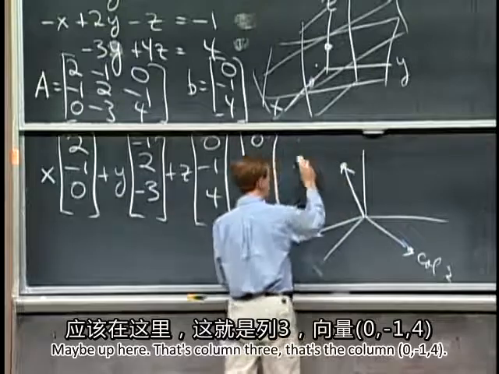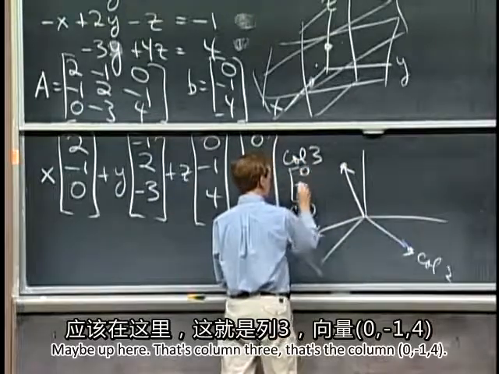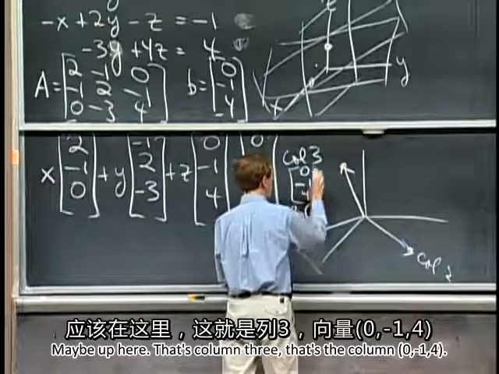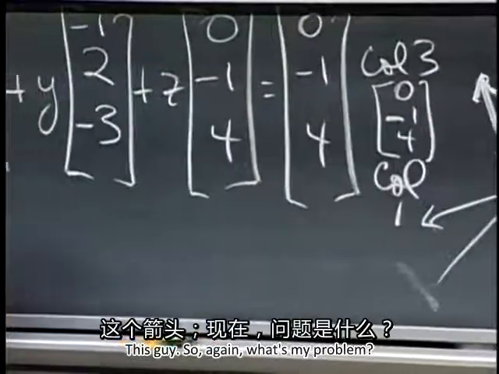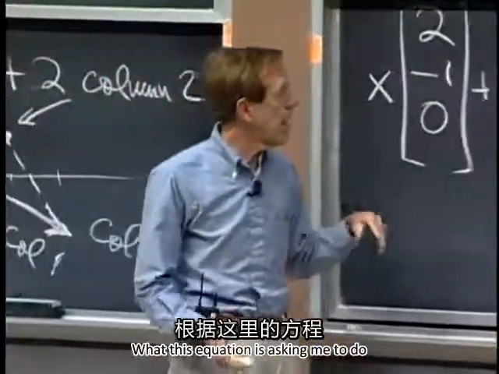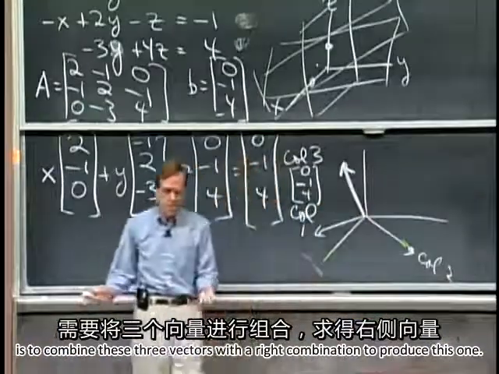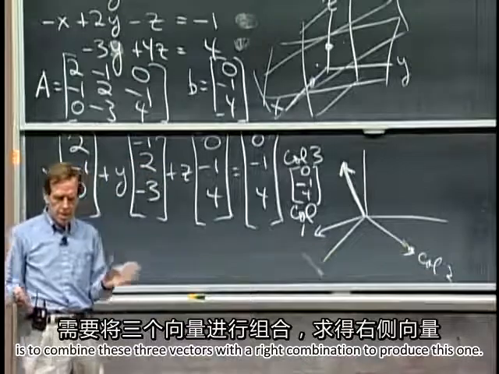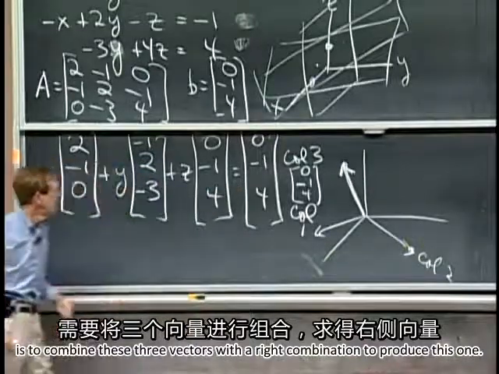That's column 3. That's the column 0, minus 1, and 4. This guy. So again, what's my problem? What this equation is asking me to do is to combine these 3 vectors with the right combination to produce this one.